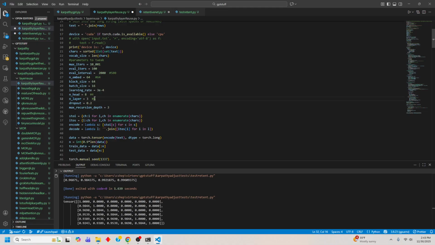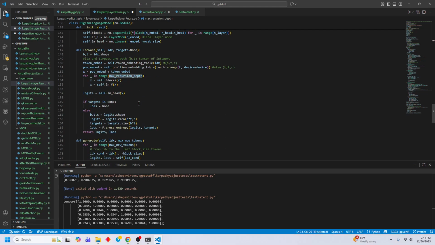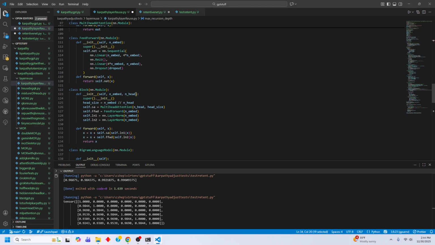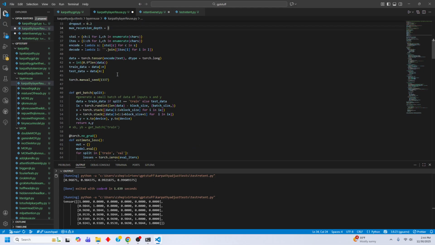And what it'll do is act like a depth of 9 layers. So recursion depth 3, because 3 times 3 is 9. So 3 layers going through 3 times makes 9.